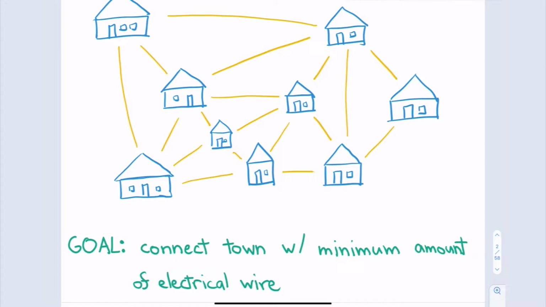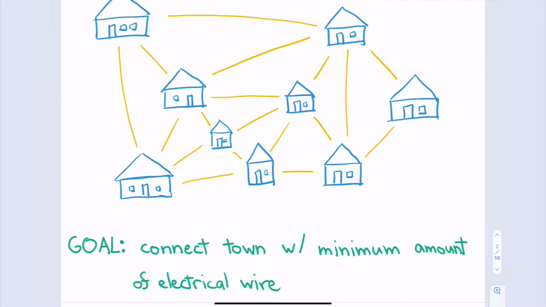At some level, you want to connect all the houses with electric wire, copper wire, or whatever. What I've drawn is places where you could put wire. And you want to make a connected subgraph. So you want to choose some wires so that all the houses are connected to each other.